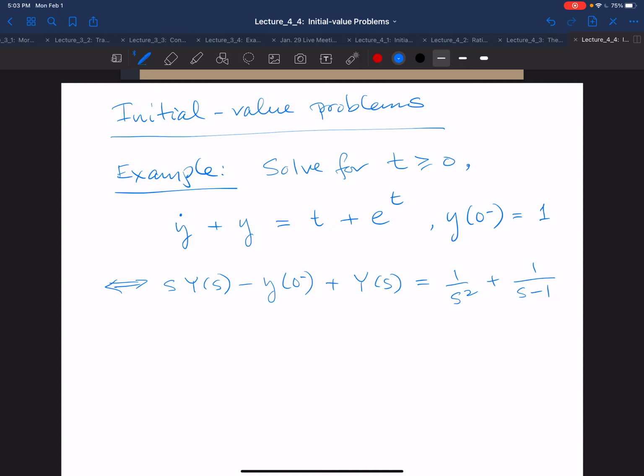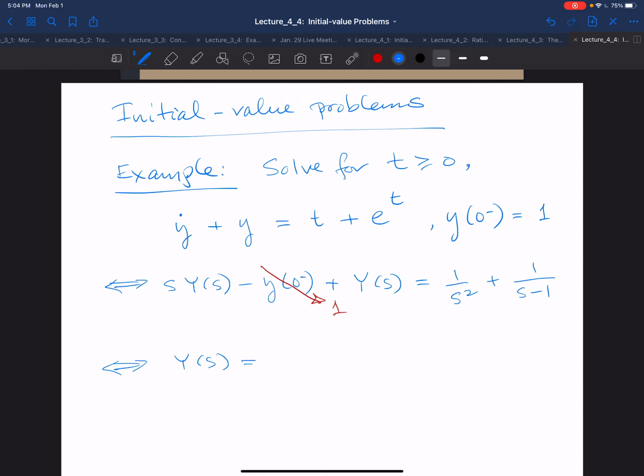Okay, well, now we've got an algebraic equation in y of s. In fact, we know that this y of 0 minus is 1, applying our initial condition. So we can simply solve this.